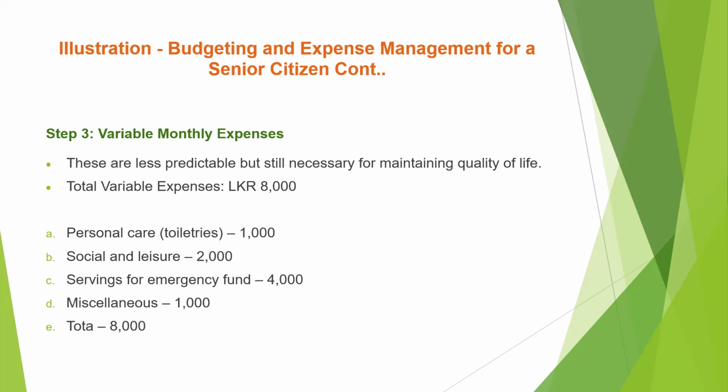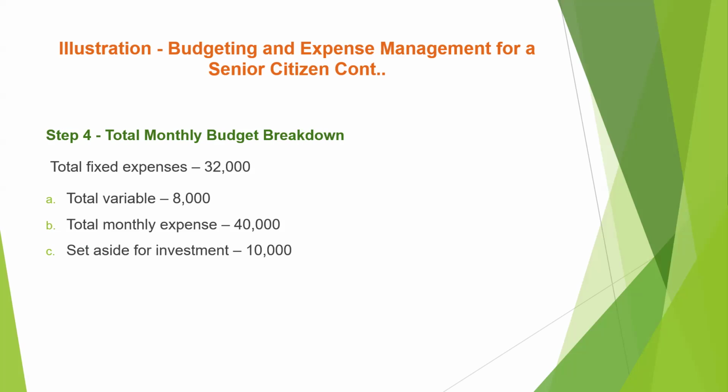In addition to that, if you go to the overall picture, 32,000 fixed expenses and 8,000 variable, altogether 40,000. Your total income per month is 50,000, but you have set aside an additional 10,000 for investment. That is basically to grow your fund. If you spend everything, that will be an issue later on.